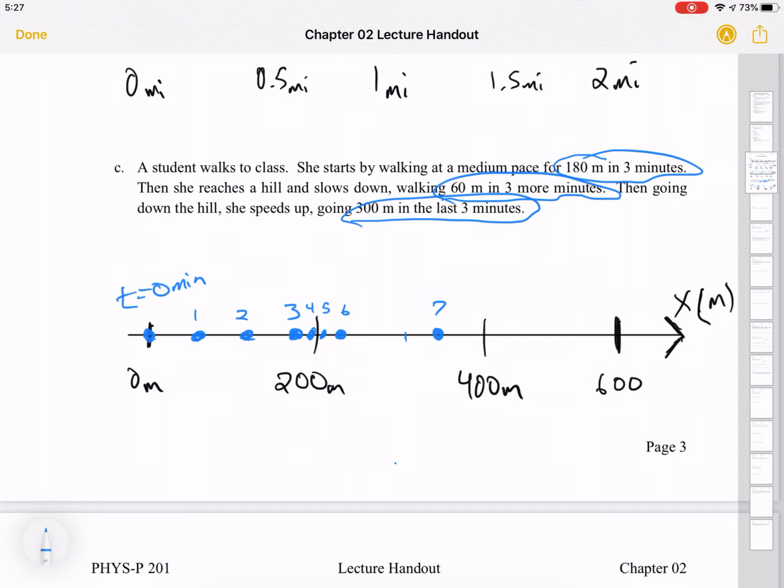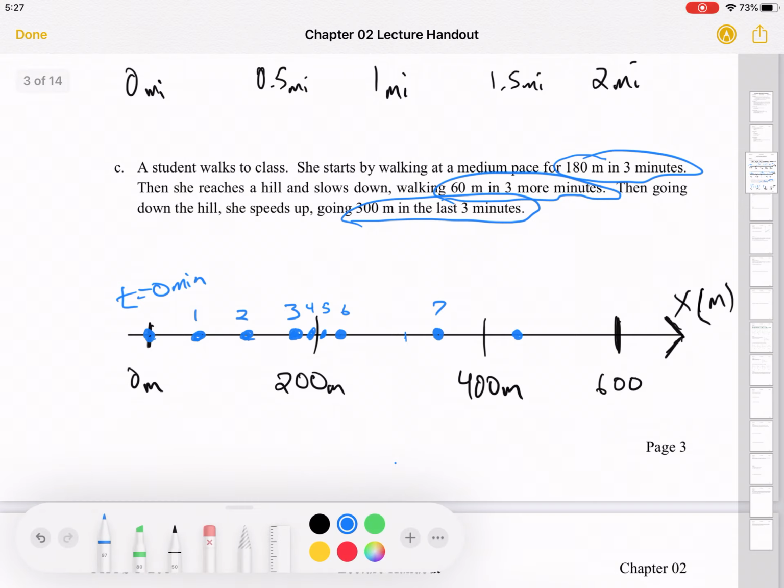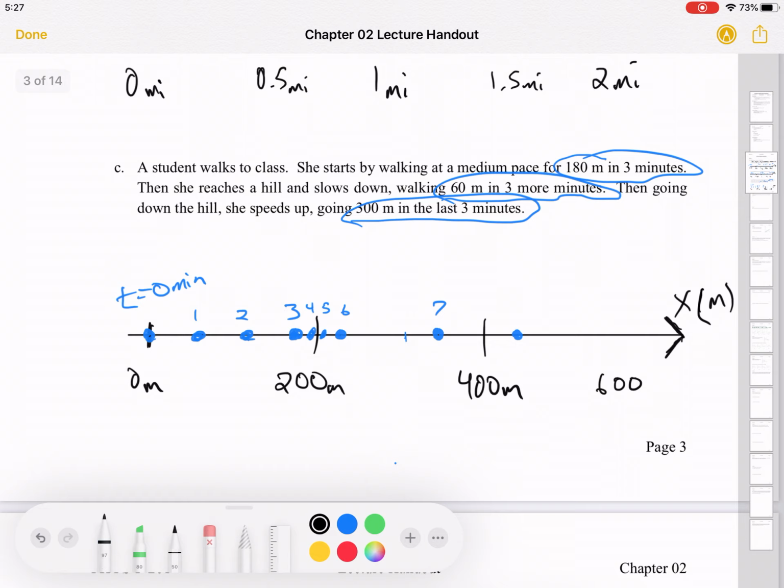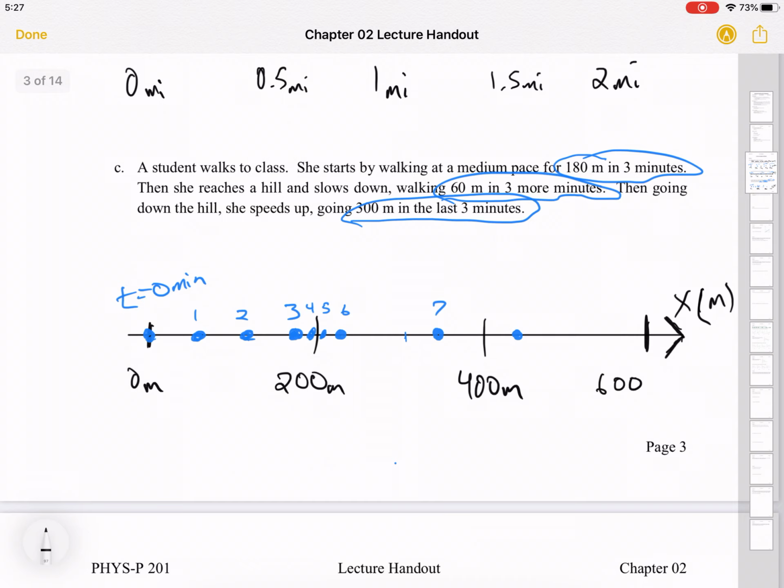There's 7. 2, 4, 6. I think this last bit is a little too small. Yeah, the last bit was just a little too small.